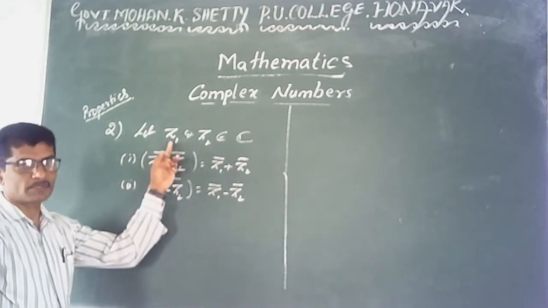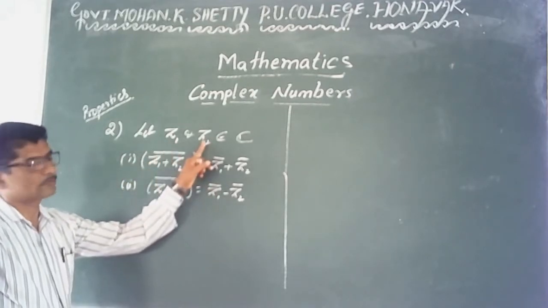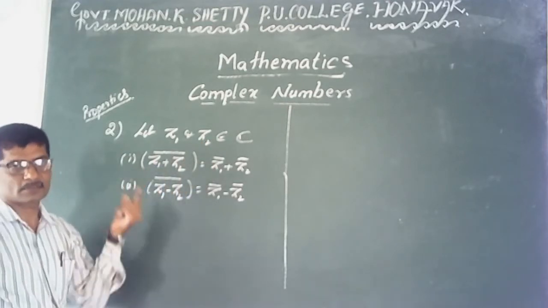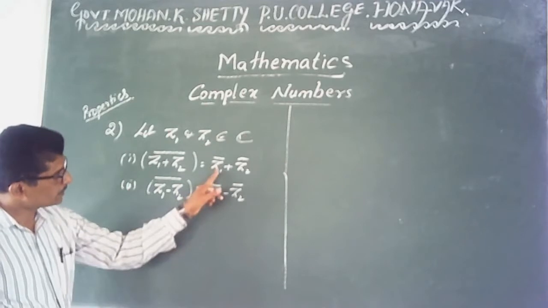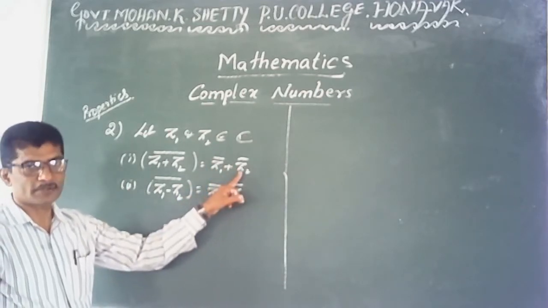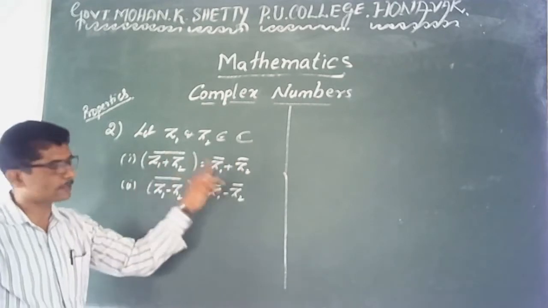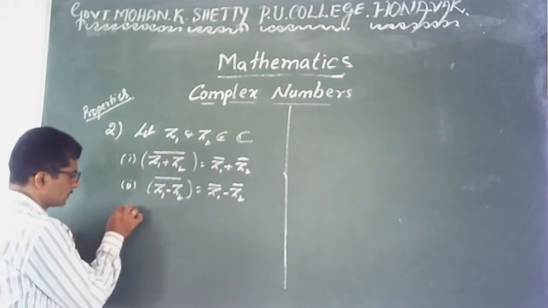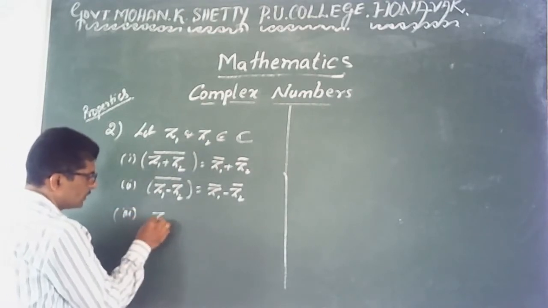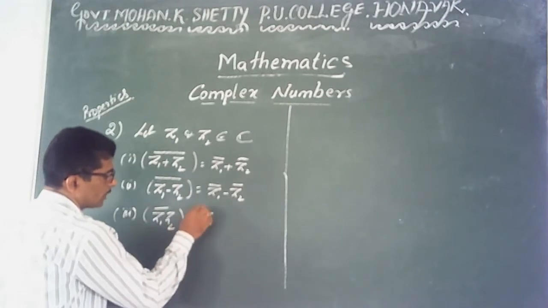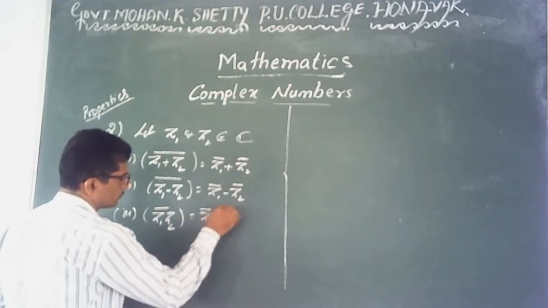z1 means a1 plus i into b1, z2 is equal to a2 plus i into b2. You get the sum and take the conjugate. Adding the conjugate of z1 and the conjugate of z2, the sum is exactly equal to these two. The proof is not necessary. And the third one, z1 into z2 whole bar is equal to z1 bar into z2 bar.